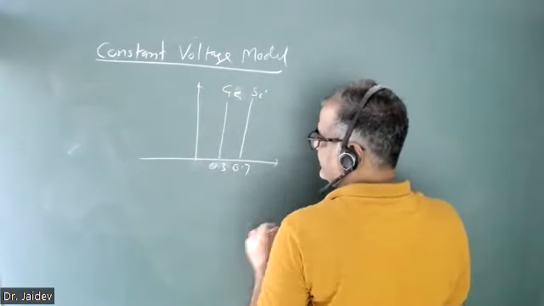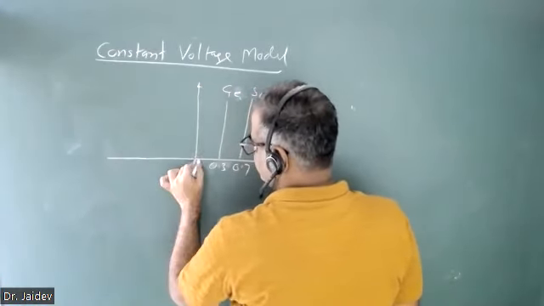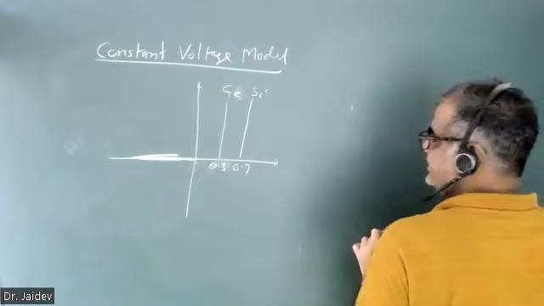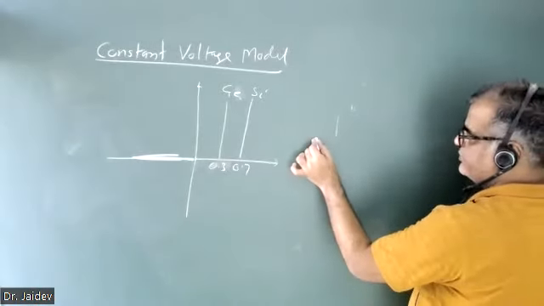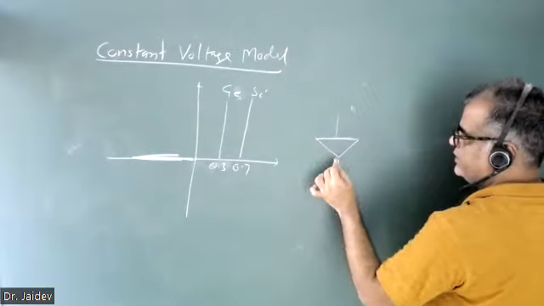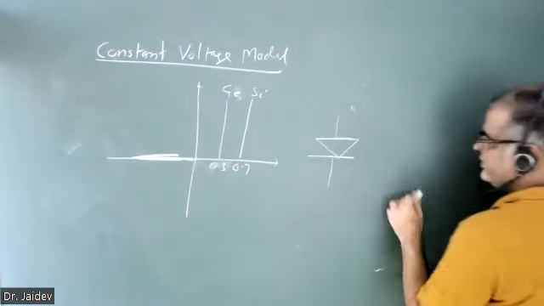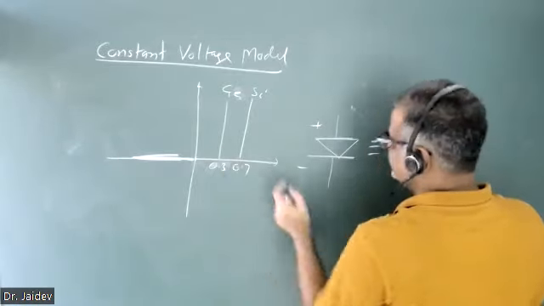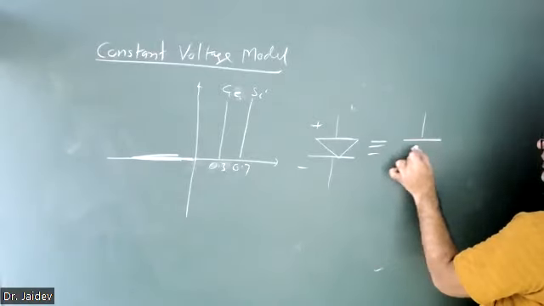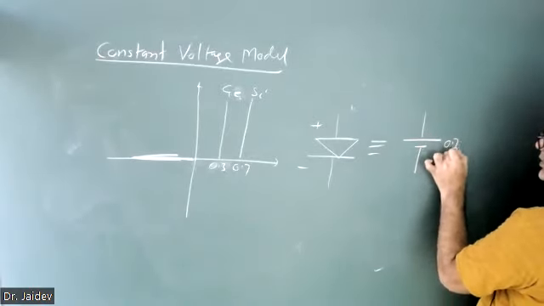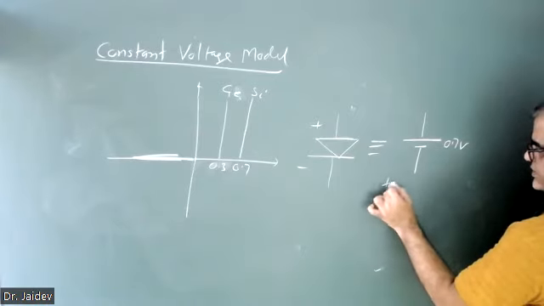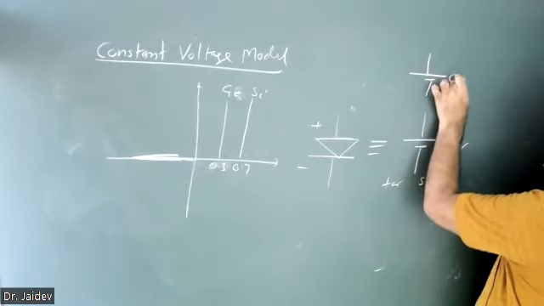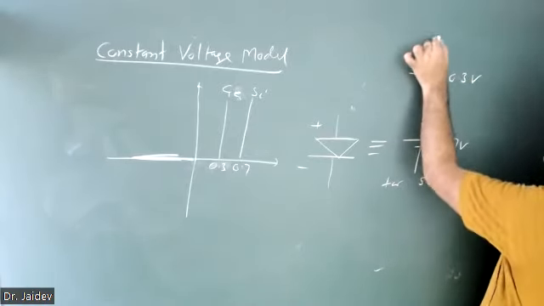OK, in forward bias, and in reverse bias you will assume zero current. So what does that mean? If I have a diode and it is forward biased, it will be replaced by a fixed voltage, either 0.7 for silicon, or you can also replace it by 0.3 volt for germanium.